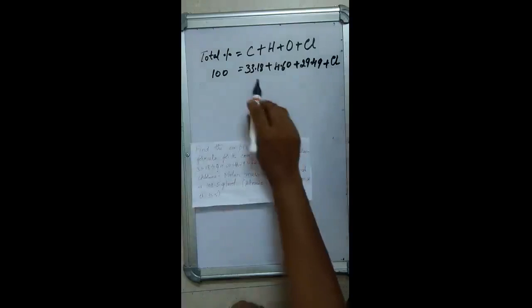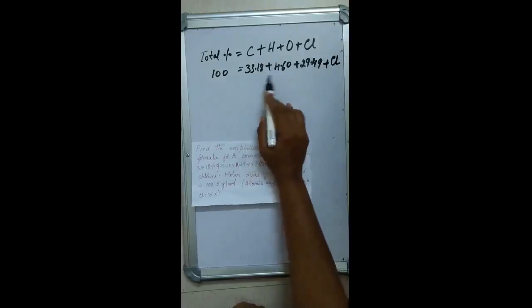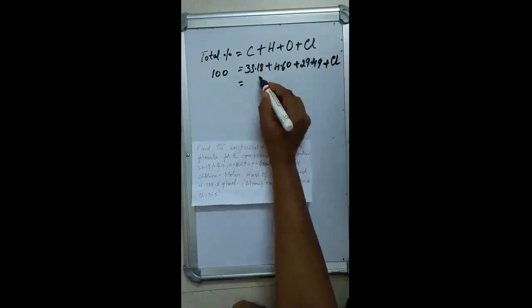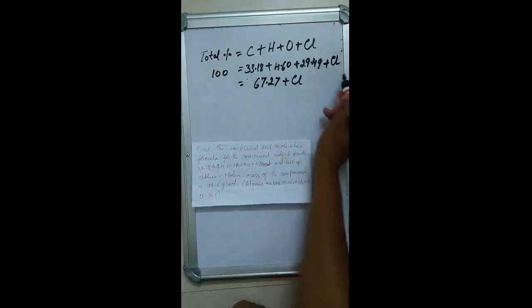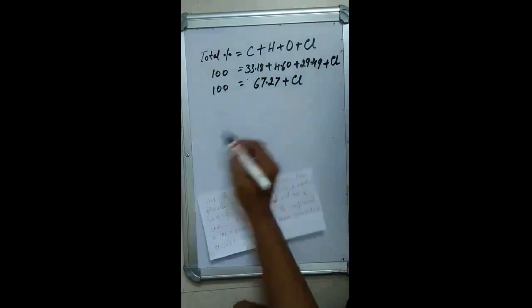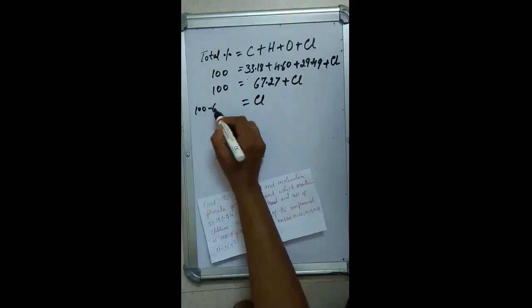So what is the answer you will get? 33.18 plus 4.60 plus 29.49 is 67.27. Add this plus Cl, chlorine, here 100. So how to calculate the percentage of chlorine? 100 minus 67.27.